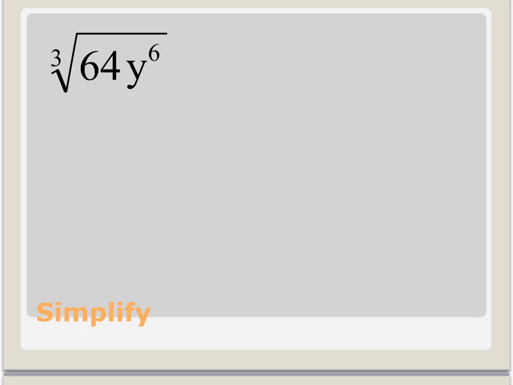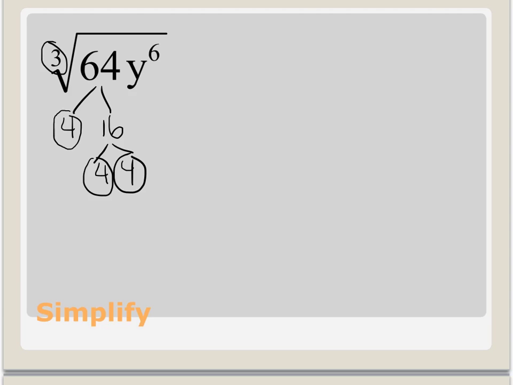So let's look at this one. We want to simplify this problem right here. So we need to find all the sets of 3 within 64y to the 6. So 64 is 4 times 16, and 16 is 4 times 4. And you could keep going if you would like, but we already have a set of 3 right there. So we know that the 4 is going to go outside.